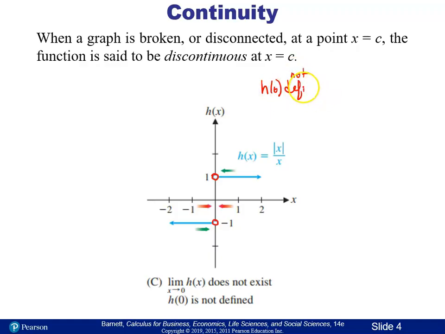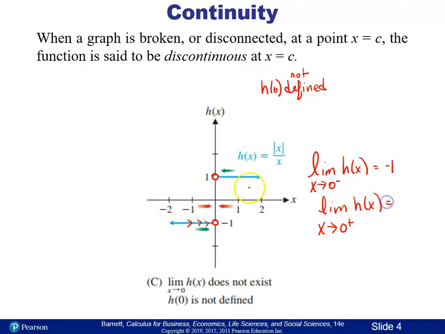But if we look at the limit here, the limit is also not defined because if I'm approaching 0 from the left side, then I'm going to be down here at -1. But if I'm approaching 0 from the right side, then I'm going to be up here at +1.